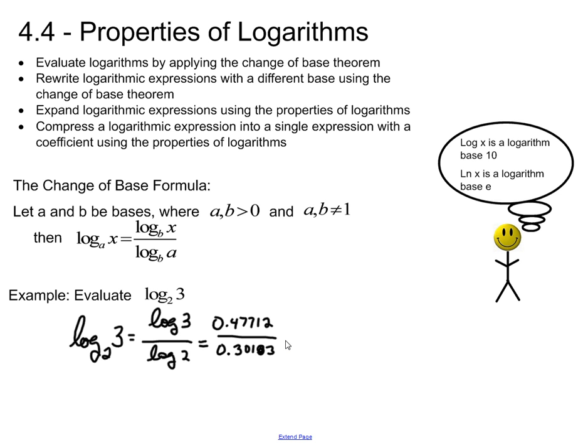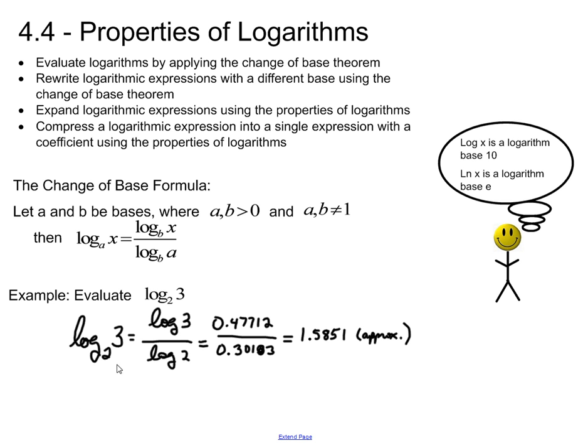And when I worked that out, that gave me about 1.5851, which is actually rounded. I'll write approximately right here because we don't actually get a nice round number with this. We get a near rational value.